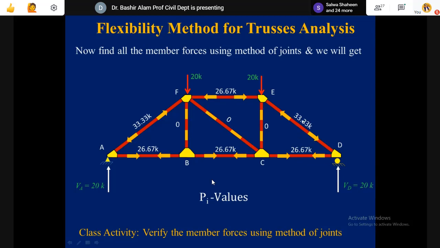So for 33.33, this member DE's vertical component will be balancing this externally applied 20, and its horizontal will be balanced by this 26.67, which is member EF force. Now, if you see, within a minute we have analyzed this structure. You can easily do it, and this will give you the P-values for all the members.